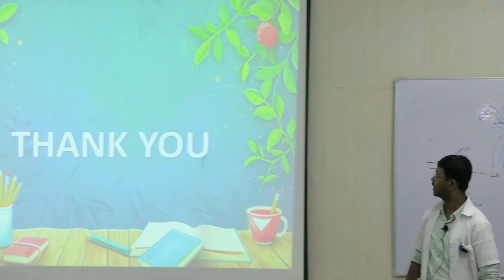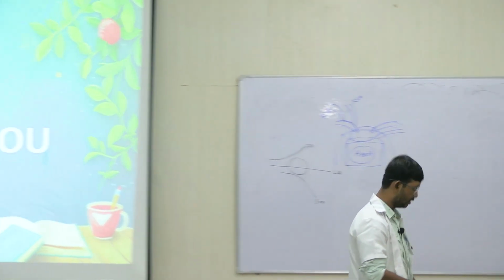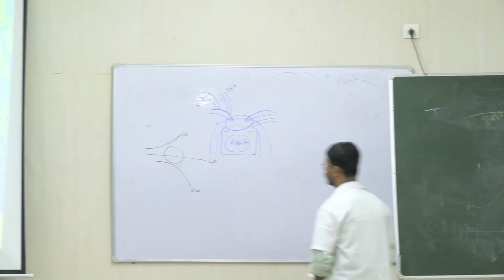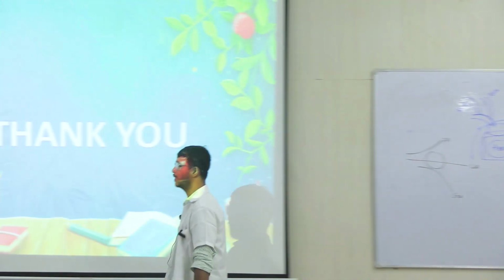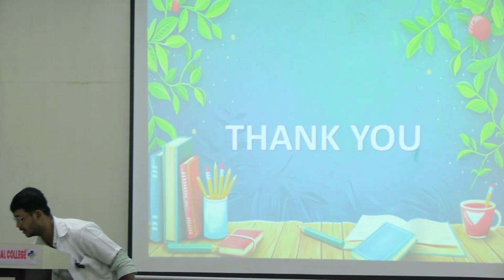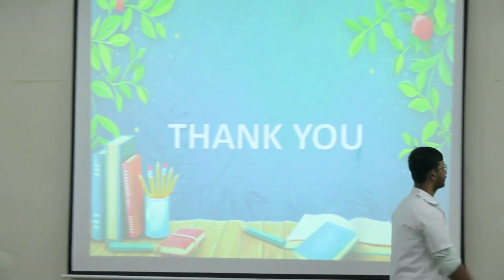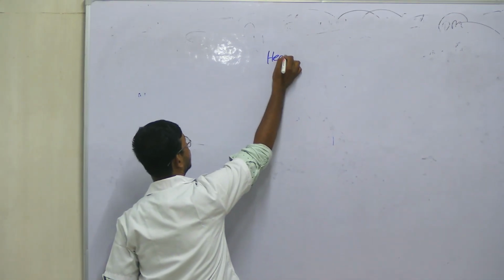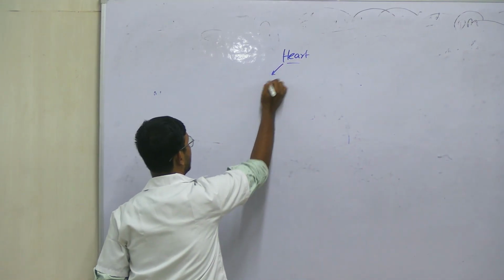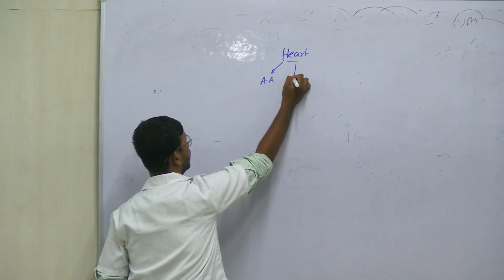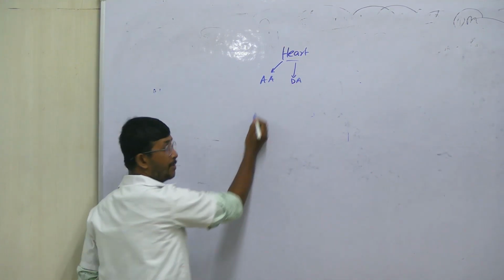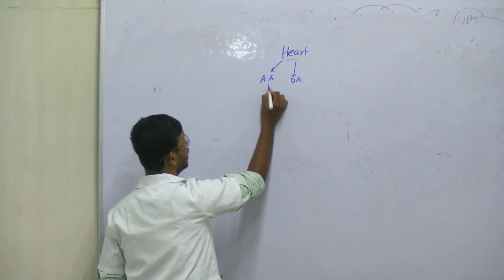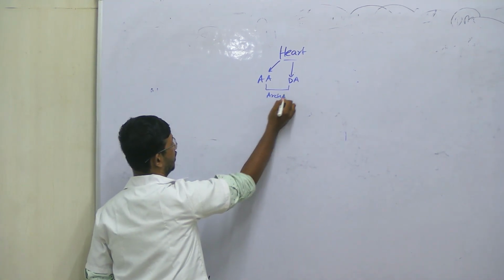So we came to the last part. Let us go through the whole topic in 2-3 minutes. Basically from your heart arises your ascending aorta, descending aorta. In between this ascending and descending aorta is your arch of aorta.